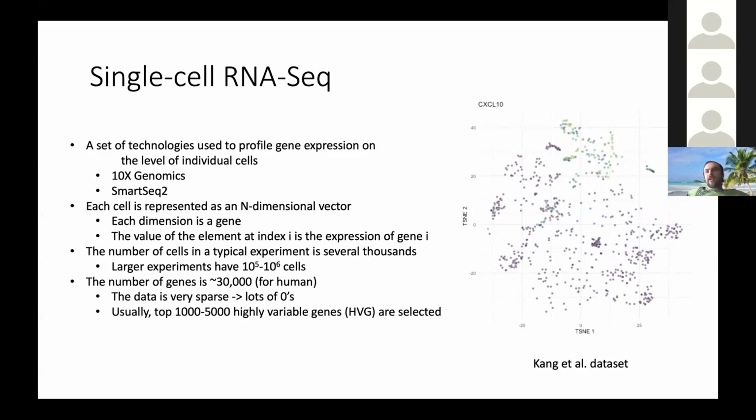We can mention here Human Cell Atlas and many other data sets. So the number of genes is approximately 30,000 for human, and the data is very sparse. We usually have a lot of zeros, which we refer to as dropouts. So usually when we work with single-cell RNA-seq, we use the top 1,000 to 5,000 highly variable genes.